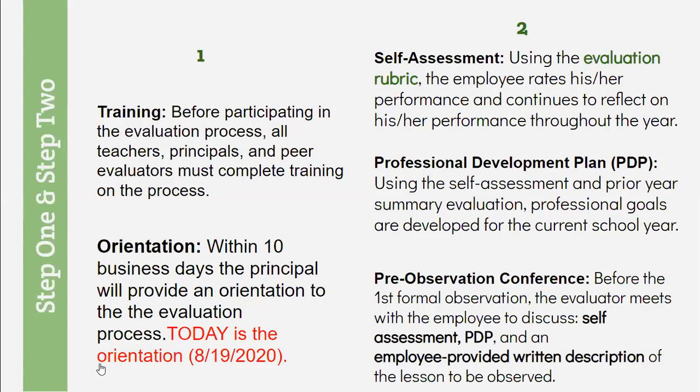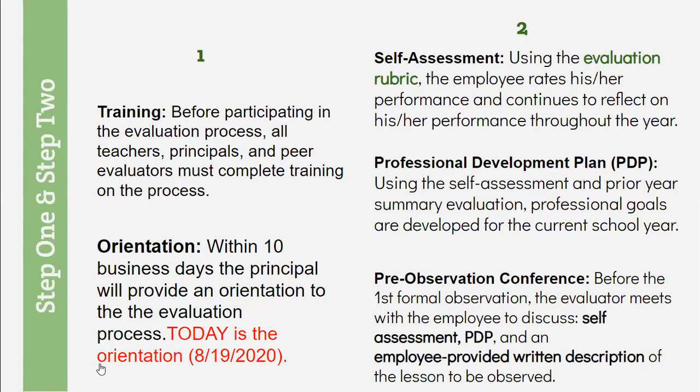The pre-observation conference. This is a conference or a meeting between you and your evaluator. This meeting will take place before your first announced observation. And this scheduled meeting will discuss your self-assessment, your PDP, and the lesson that will be observed.